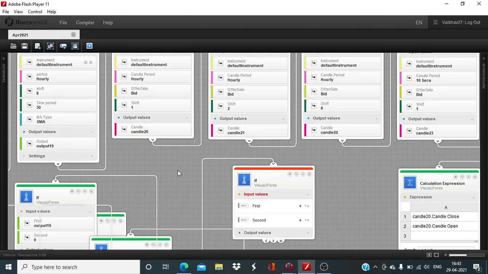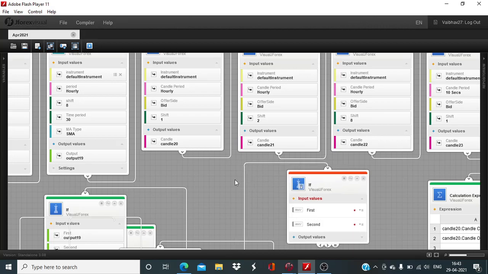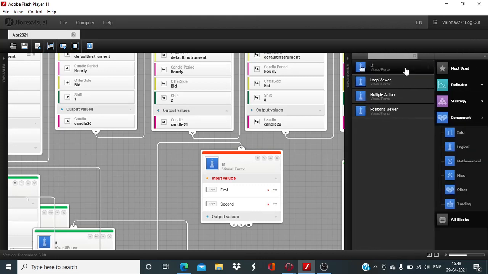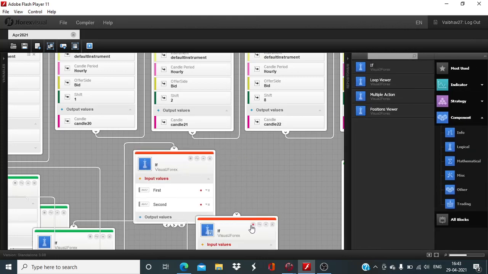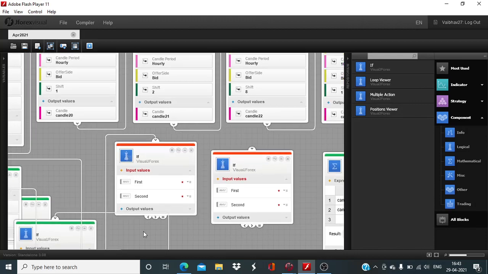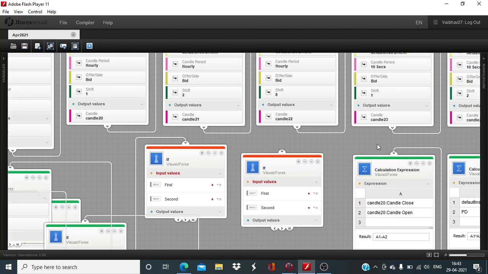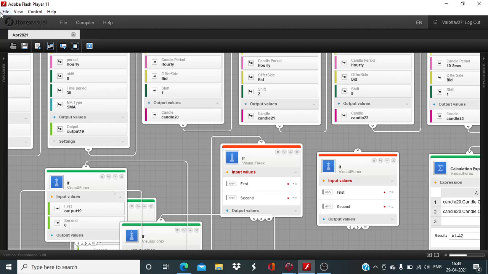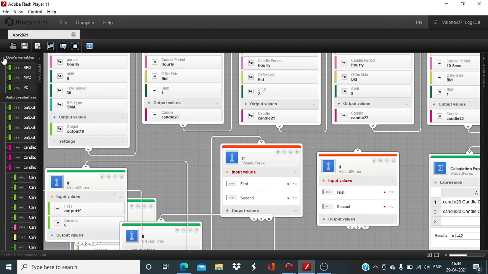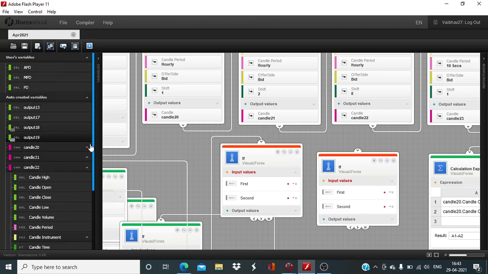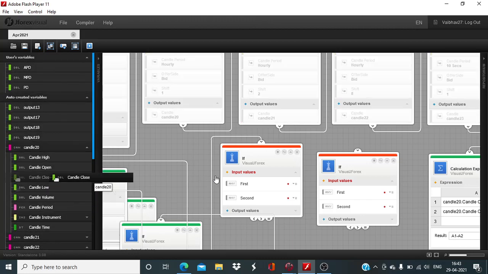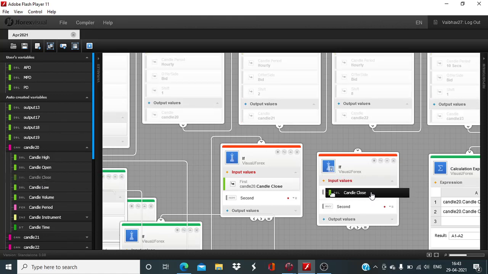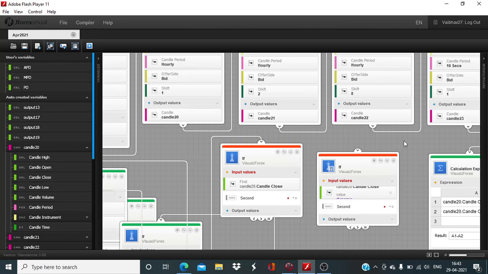Okay, so here we are going to need two more if blocks, and for these two blocks the second input will be common, which is going to be candle 20 candle close. Okay, first input.